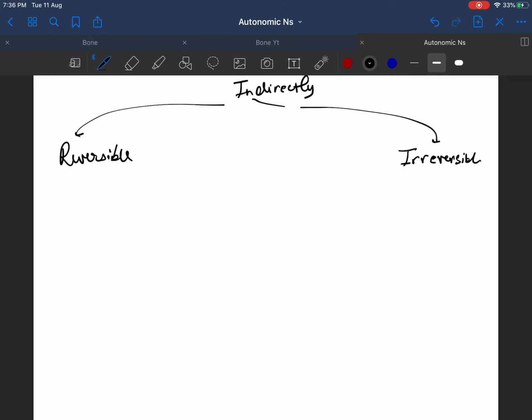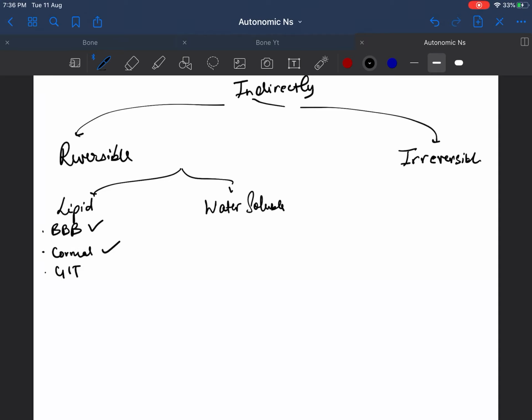The reversible inhibitors can be divided into lipid soluble or water soluble. Why do we need to know about lipid soluble? If a drug is lipid soluble, it will easily cross the blood-brain barrier, the corneal membrane, and the GIT. So if we have a problem in these areas, we'll give a lipid soluble drug.